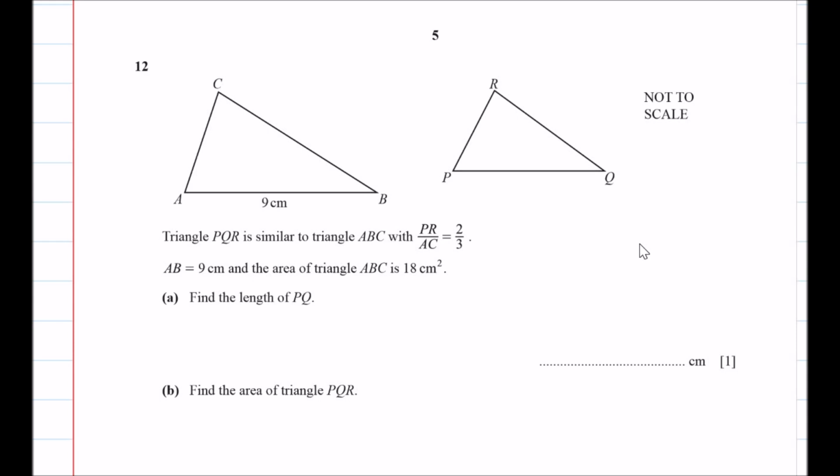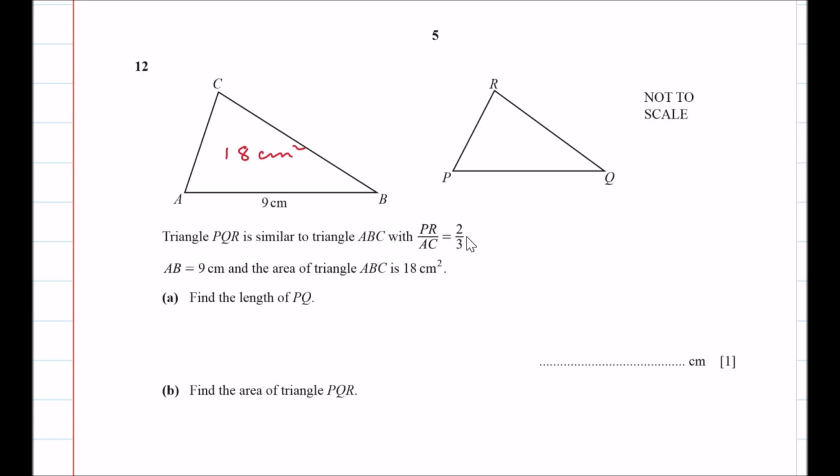So here the scale factor is given, 2 by 3. AB equal to 9 centimeter and the area of triangle ABC is 18 centimeter square. So here write 18 centimeter square. Now we have to find the length of PQ.